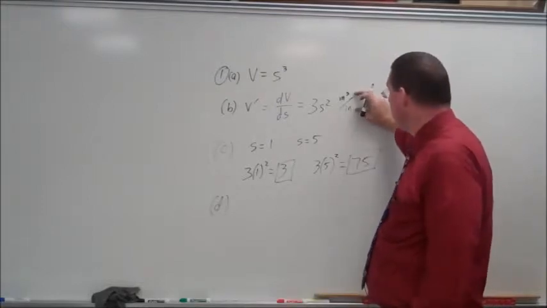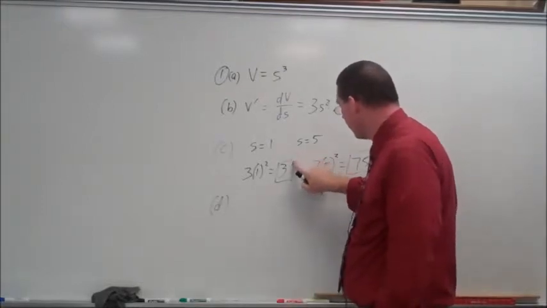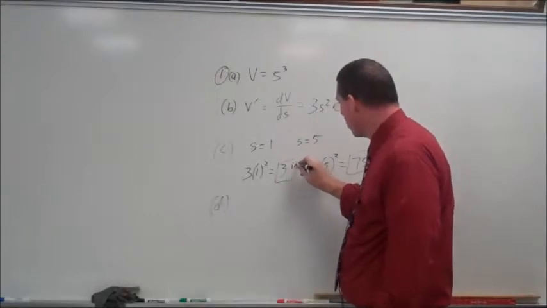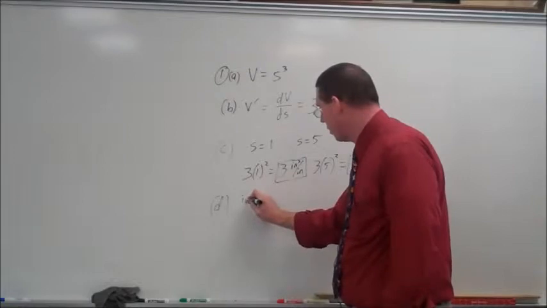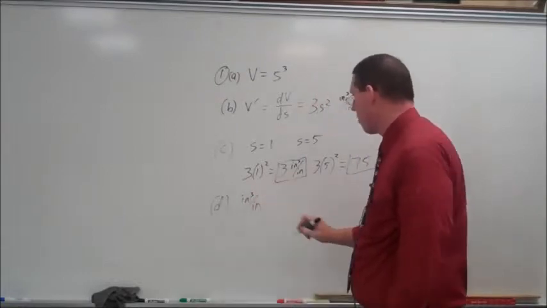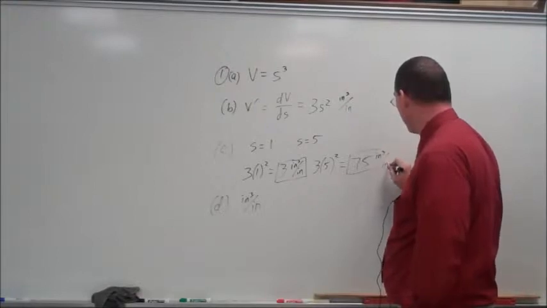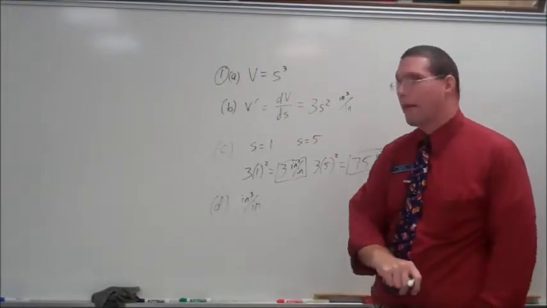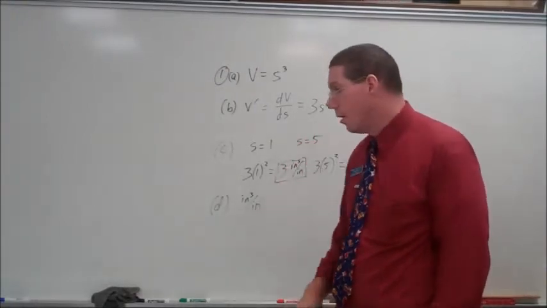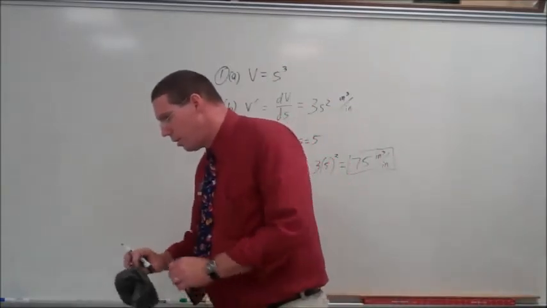So it's inches cubed per inch. So here, this is technically 3 inches cubed per inch. Okay, in fact, down here we'll say inches cubed per inch is the answer to part D. And this would be 75 inches cubed per inch in side length. And that's number 1.